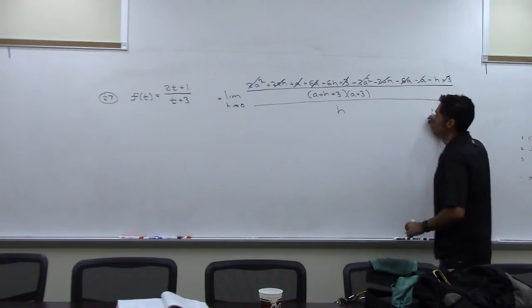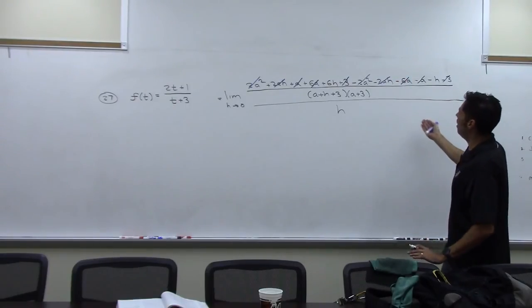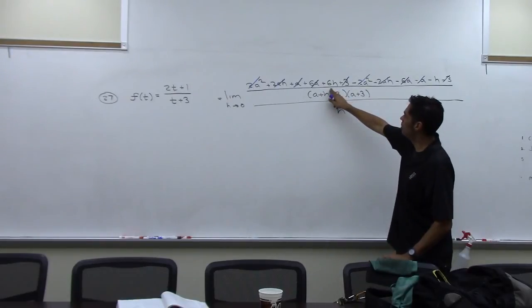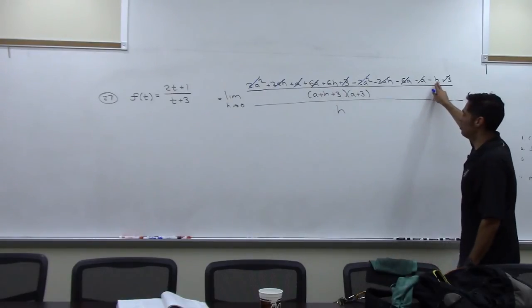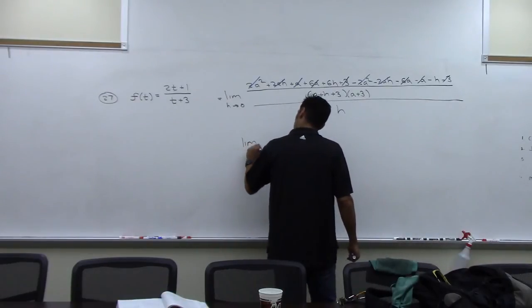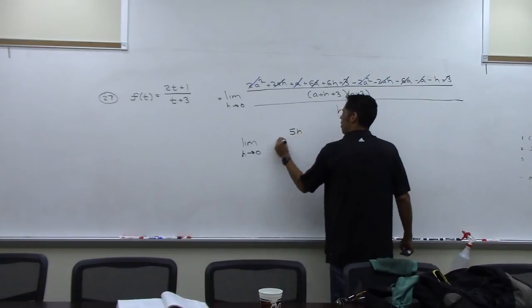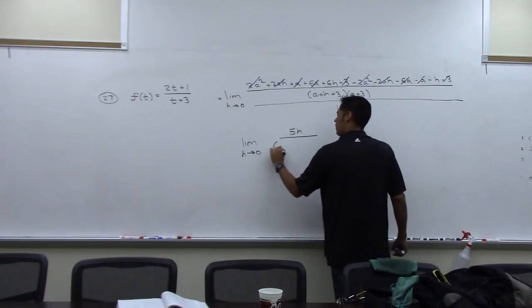Man, there's a lot of stuff going away. The only thing left on top is 6h and minus h, which is just 5h. 5h on top, over the common denominator.